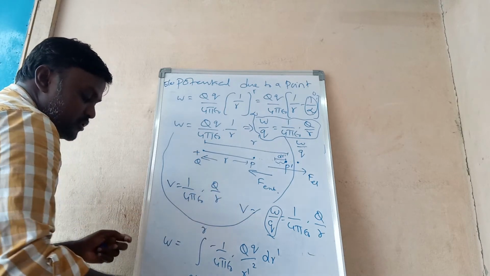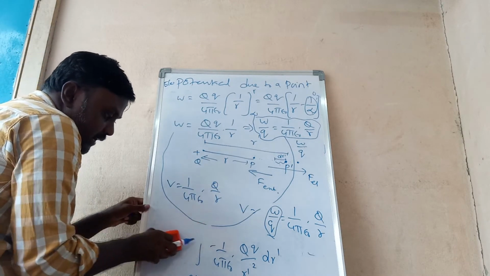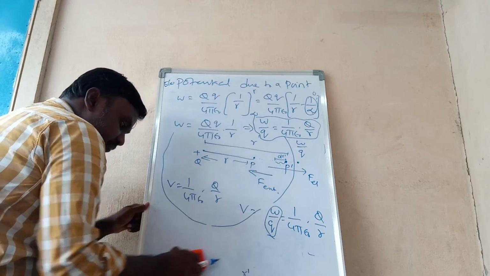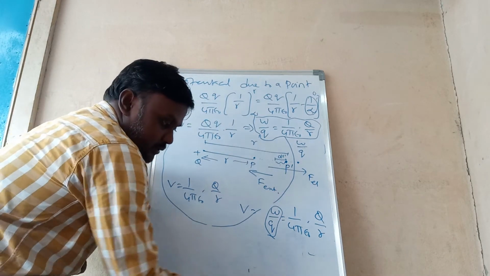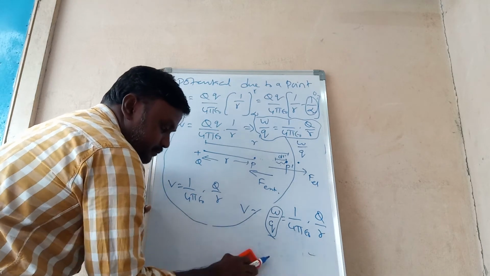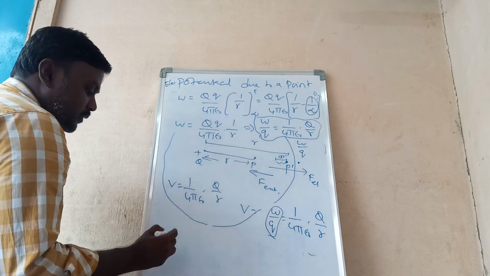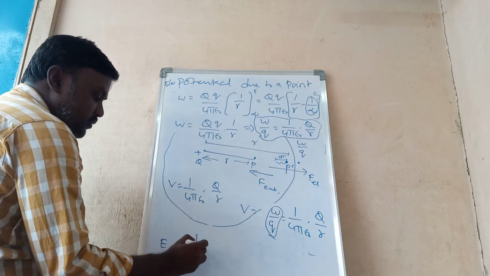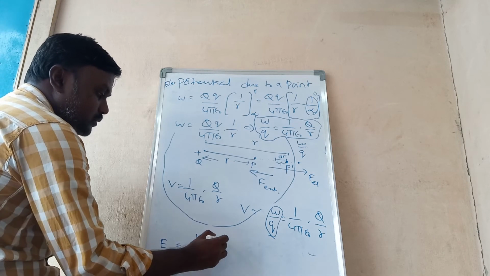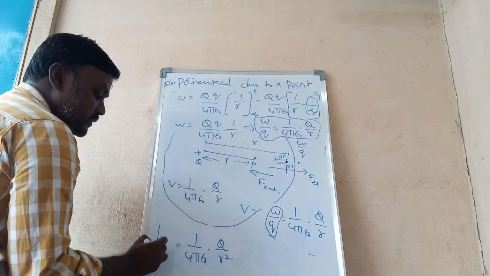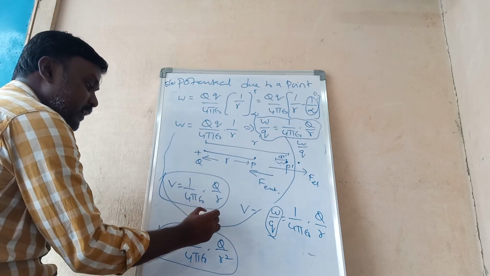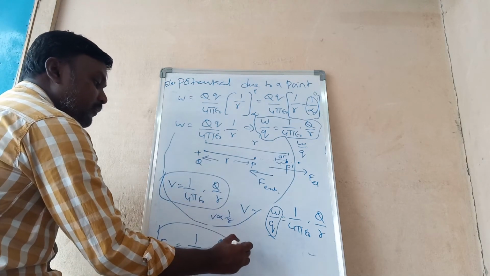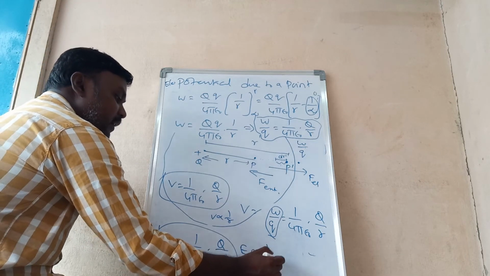Don't get confused between the electric field and the potential due to a point charge. We already got the electric field due to a point charge, E is equal to 1 by 4 pi epsilon naught into q by r square. V is proportional to 1 by r, whereas the electric field changes like 1 by r square.